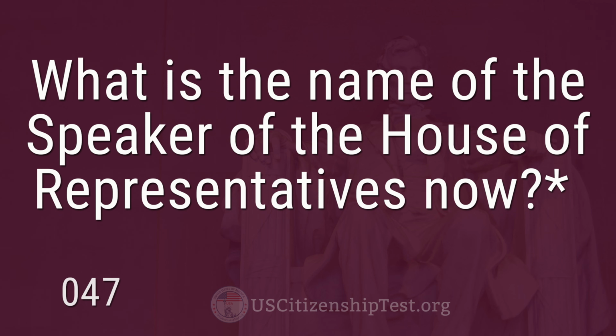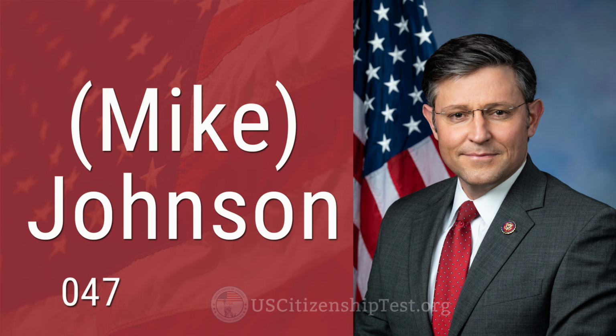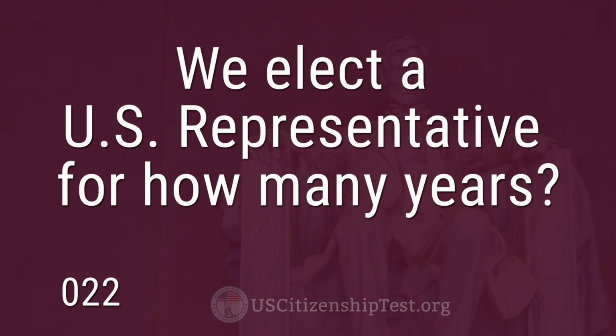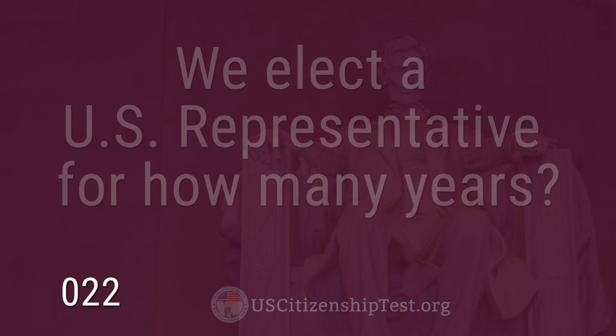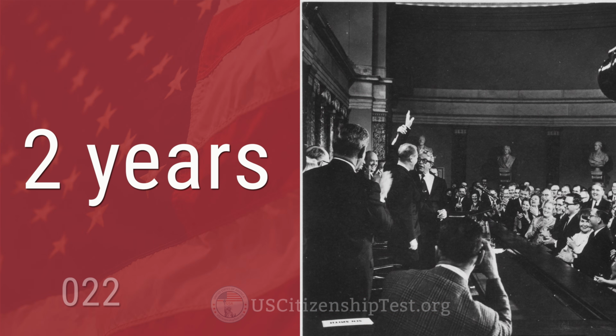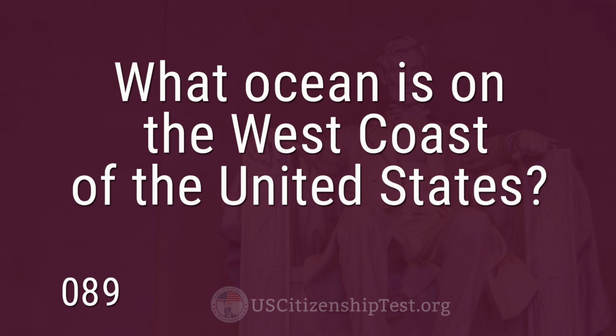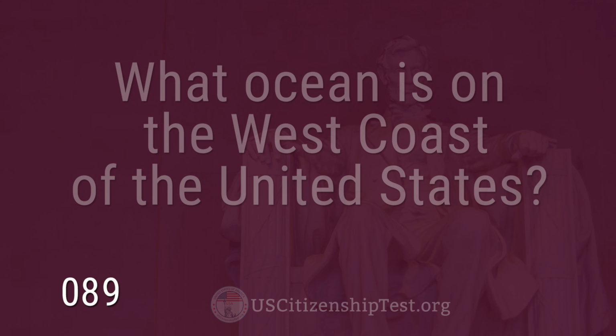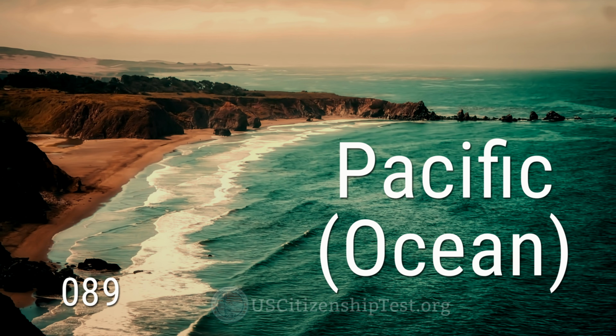What is the name of the Speaker of the House of Representatives now? Mike Johnson. We elect a U.S. representative for how many years? 2. What ocean is on the west coast of the United States? The Pacific Ocean.